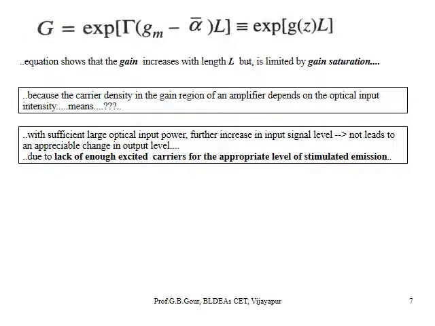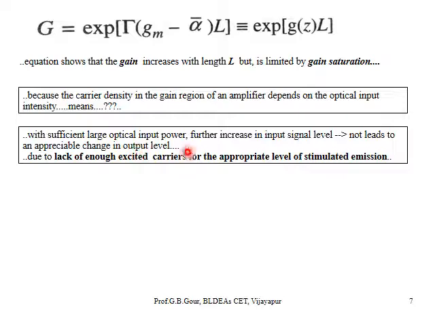So with sufficient optical input, an increase in the input signal does not lead to a further increase in the output level. By this we can say that even though we increase the input, the output is not going to show any further improvement. That is known as gain saturation.